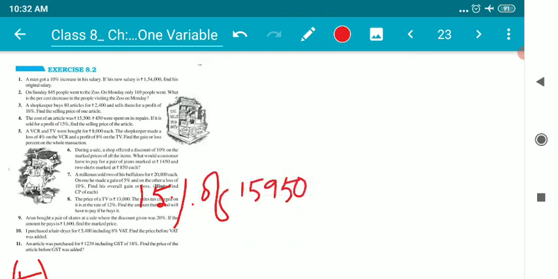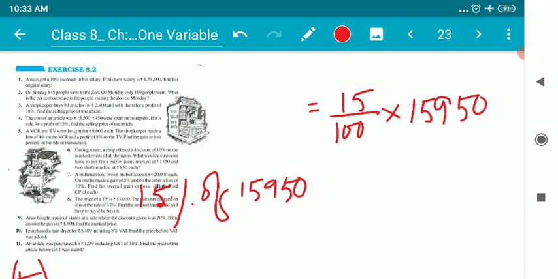So it means 15 by 100 into 15,950. Children, 0 and 0 got cancelled. I will simply multiply 15 with 1595.